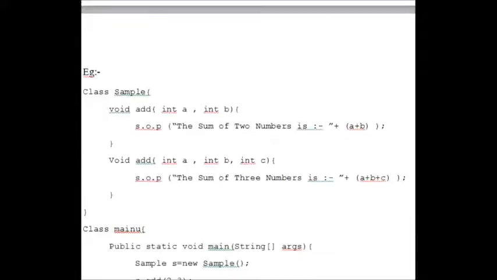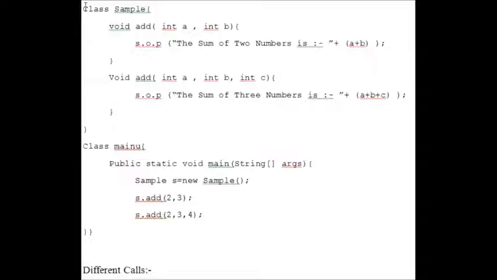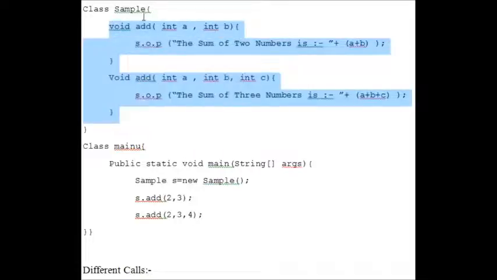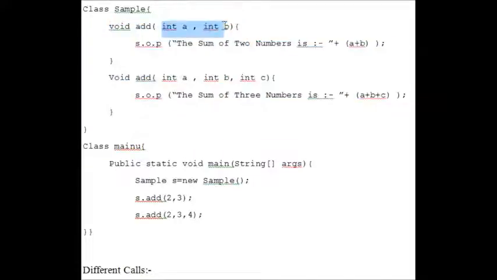We shall see an example of this. Here is a Java program called sample class. It has two methods with the same name and different parameters: int a, int b, and int a, int b, int c, with a different number of parameters. How does the JVM know to access this method or that method?